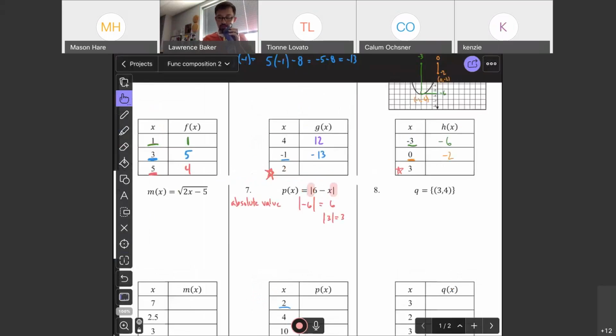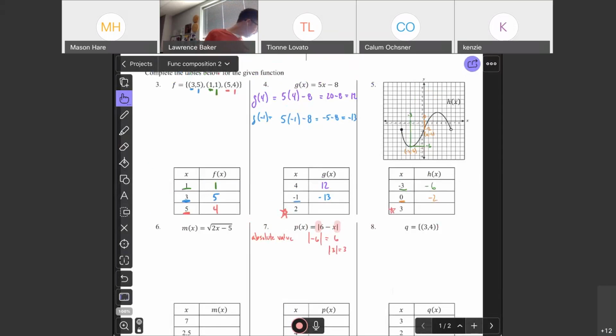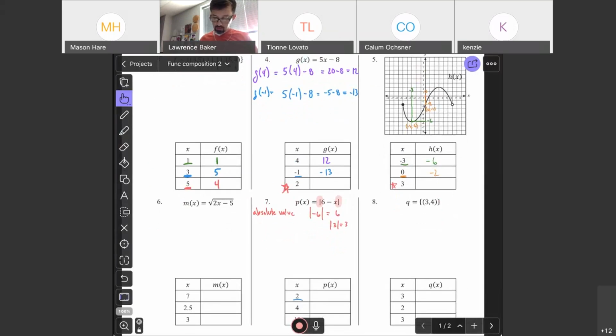Well, how do we do it up here on 4? What was the first thing we did? I wanted to figure out what 4 was, right? How did I do that? Or when I wanted to figure out what -1 was, how did we do that? You would set up your equation. Okay, so what am I going to write to do that down here on number 7?